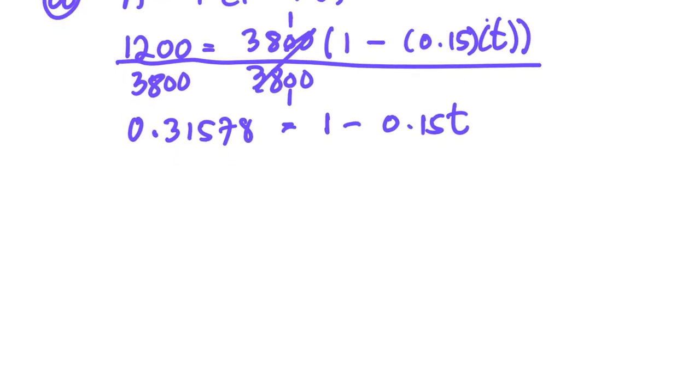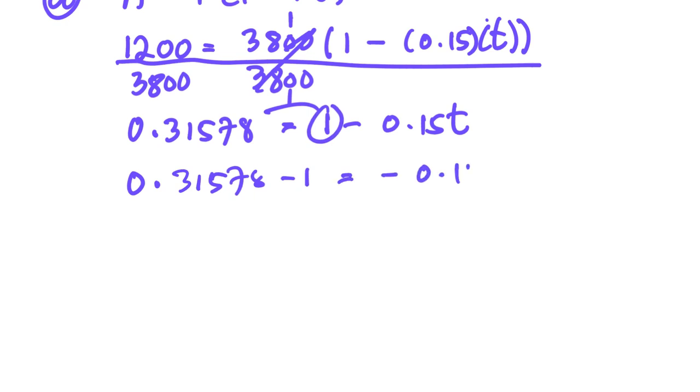Okay, there you go. Now what we're going to do is transfer it to the other side. So that's going to give you 0.31578 minus 1 is equal to negative 0.15t. Okay, simplifying this one is going to give you negative 0.6842.